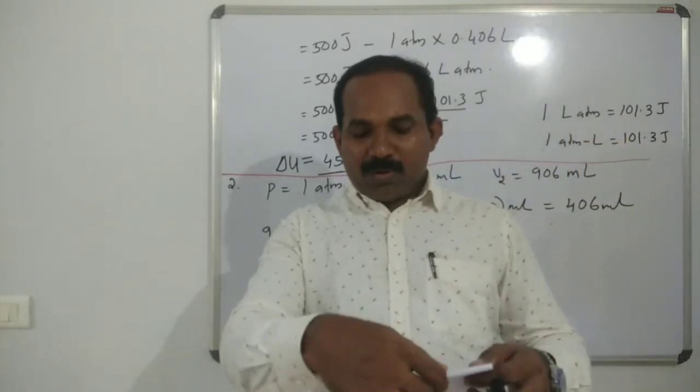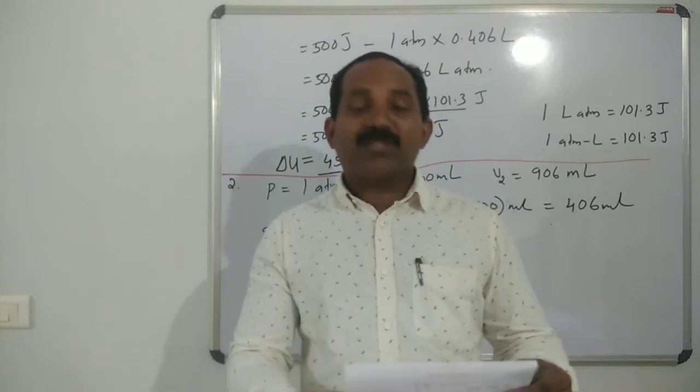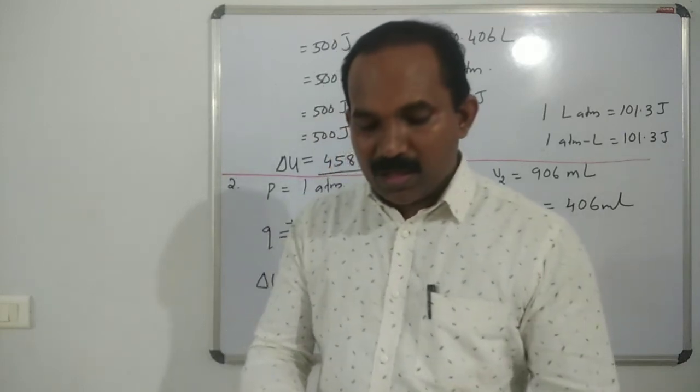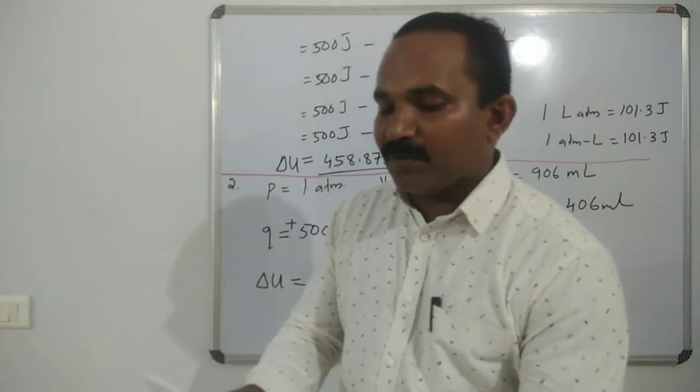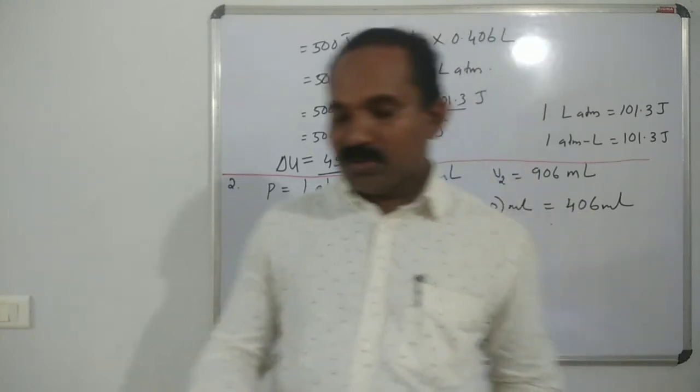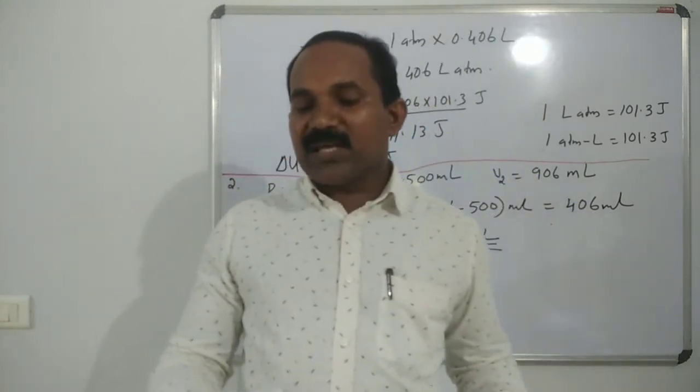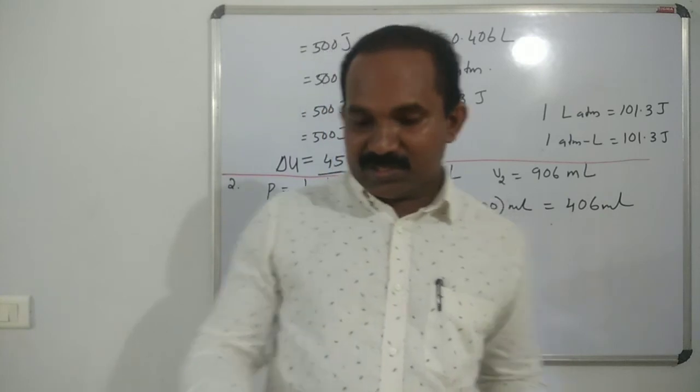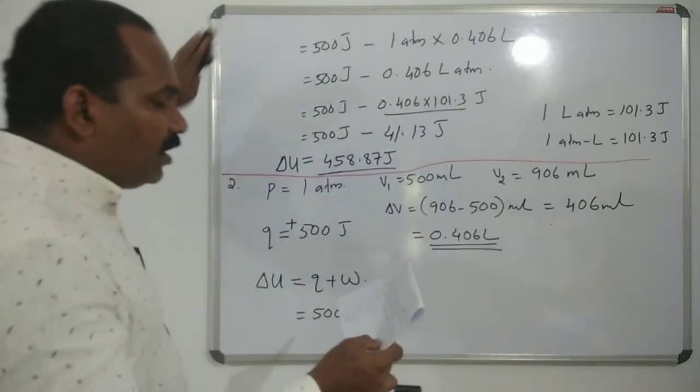When certain amount of gas is heated at a constant volume, 627.5 joule of heat was absorbed. Calculate the change in the internal energy. Okay, the third problem.